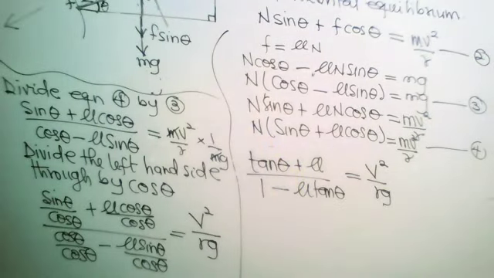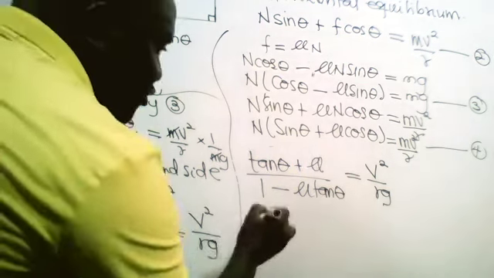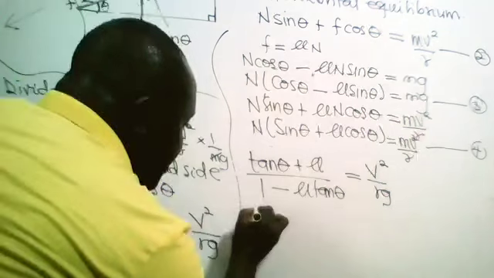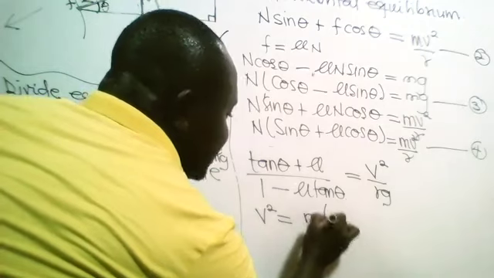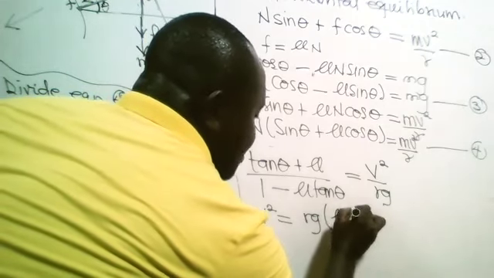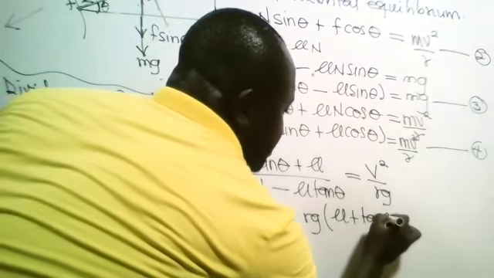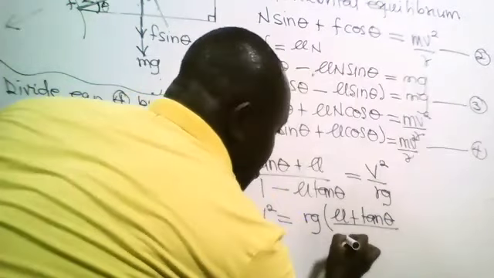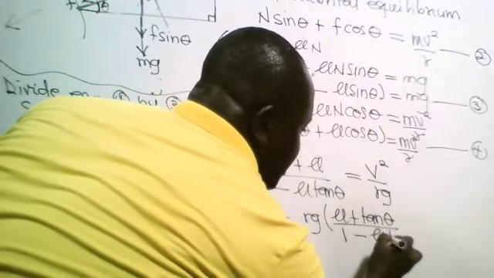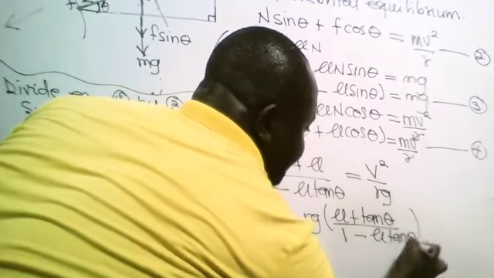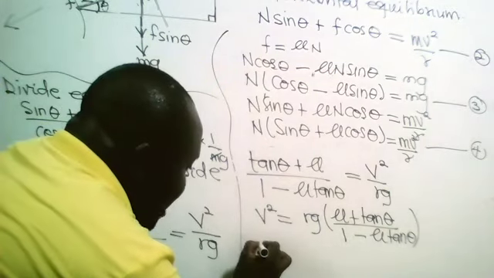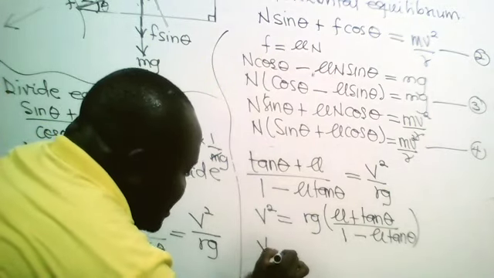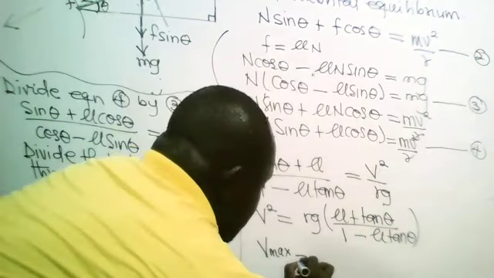We are only deriving an expression, so do not panic. Therefore, if you make v squared the subject, you have v squared equal to rg times mu plus tan theta over 1 minus mu times tan theta.